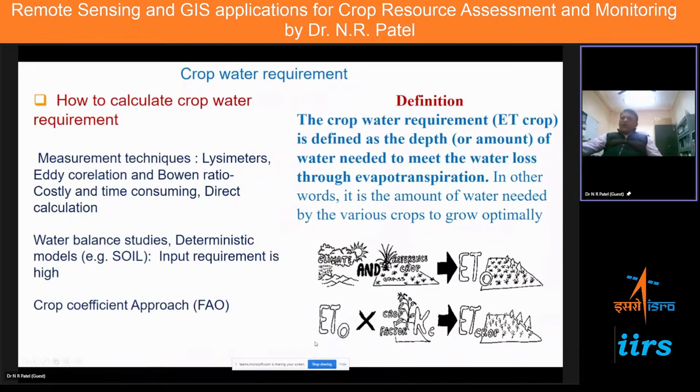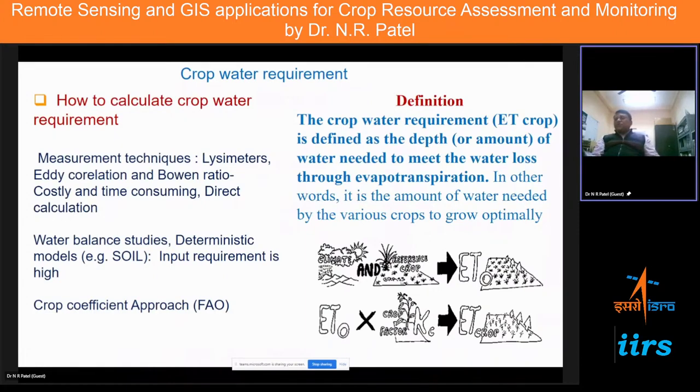Traditionally, agriculturists and university people use observatory data, mainly radiation, temperature, humidity, and wind speed. They use those data to compute ET0, meaning reference evapotranspiration. Multiplied by the crop factor, they get crop evapotranspiration.